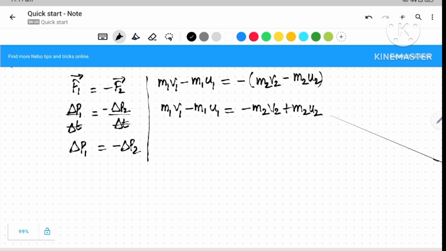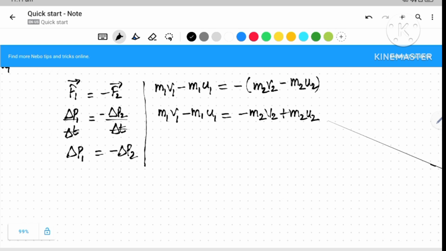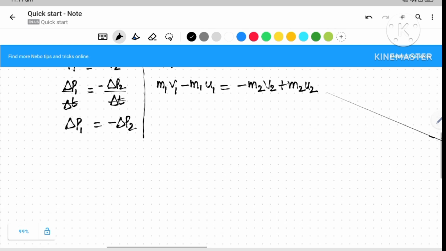Now sending the negative terms to the opposite sides so that I have all positive terms, this equation can be modified as m1 u1 plus m2 u2 equals m1 v1 plus m2 v2.